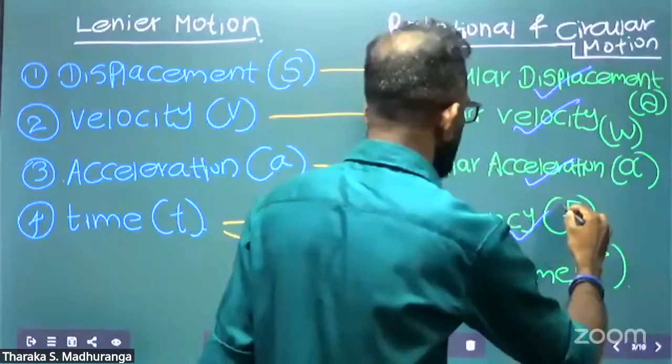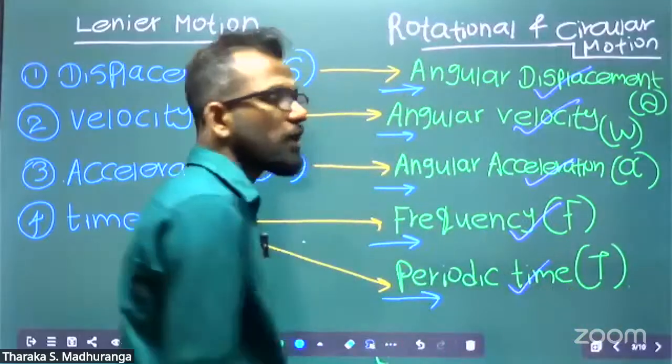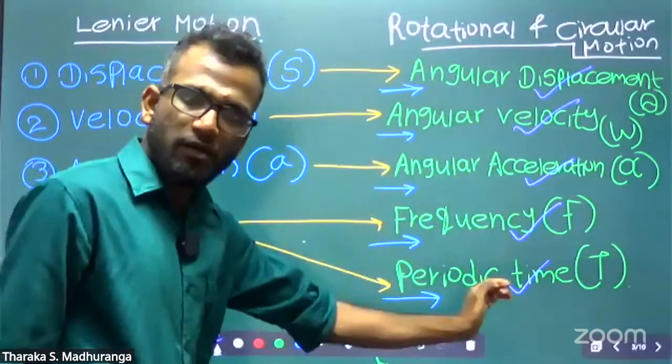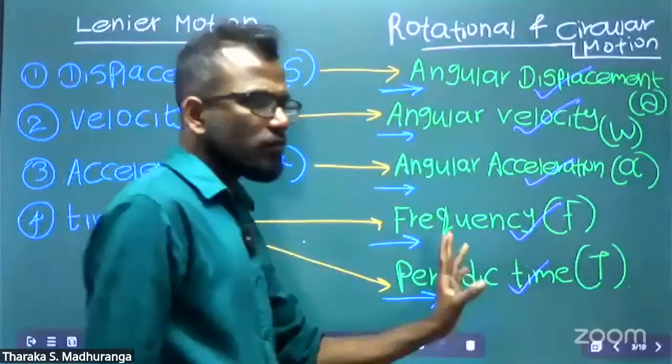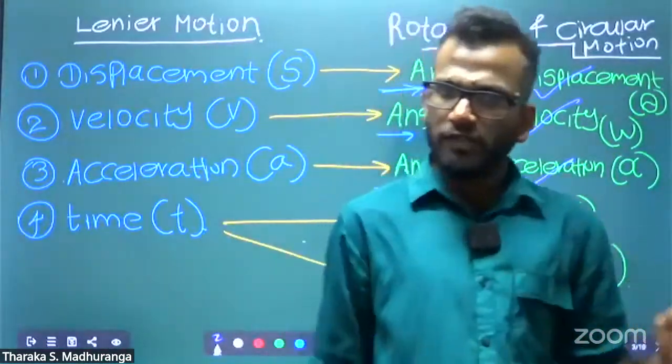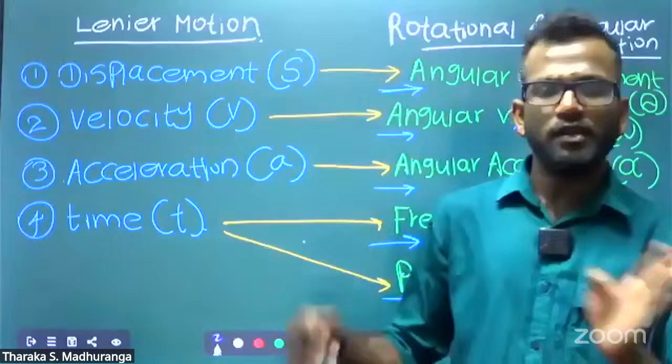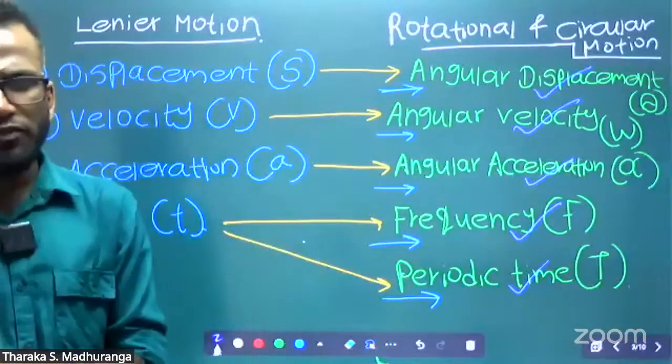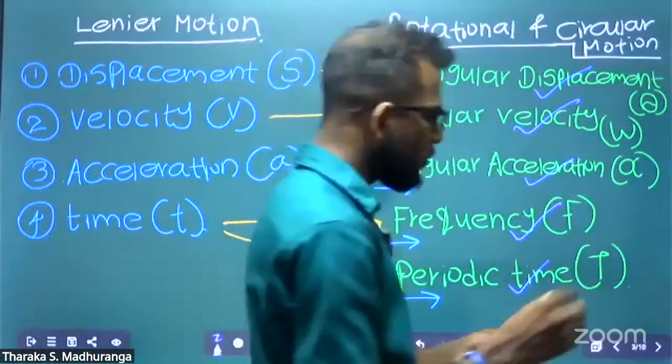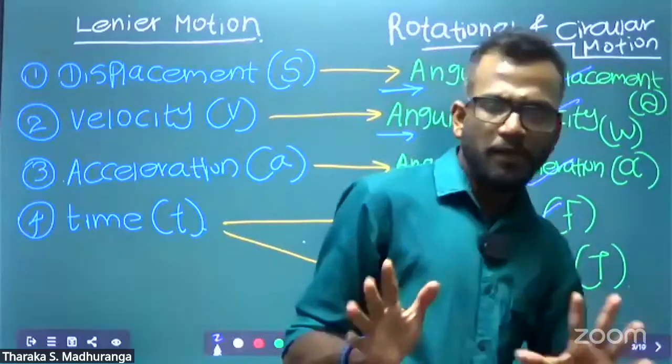Next week: angular acceleration, frequency, and periodic time calculations. Then 50 to 55% is completed. Within this month, we can complete this lesson. It's a small but a little bit complex lesson.